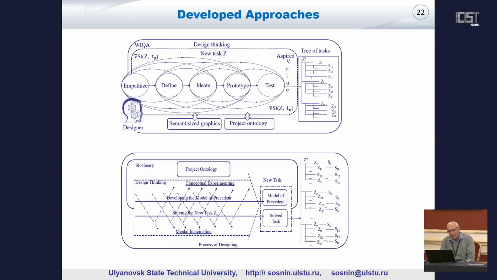So during our version of the approach, we step by step interpret our actions in the form of conceptual experimenting that helps us to develop the model of precedent and to create the solution of the new task using mental imaginations.